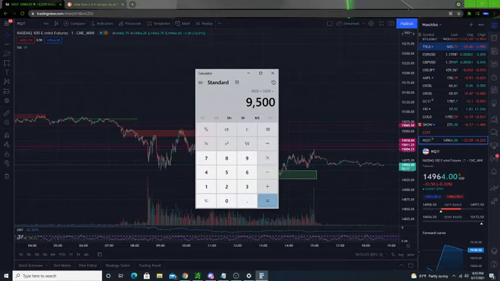But going forward, the next month you have $9,500. Divide that by 1760. So now you have 5 contracts to play with. Say the same thing works, and you have another $200 a day times 20 days.